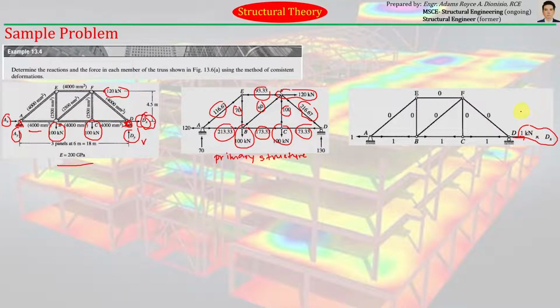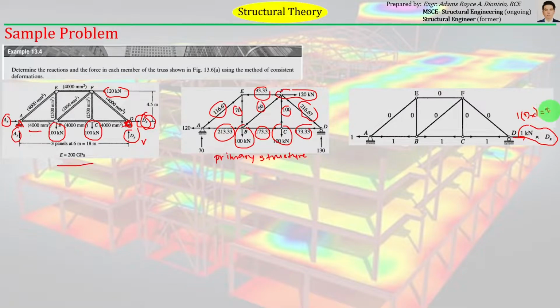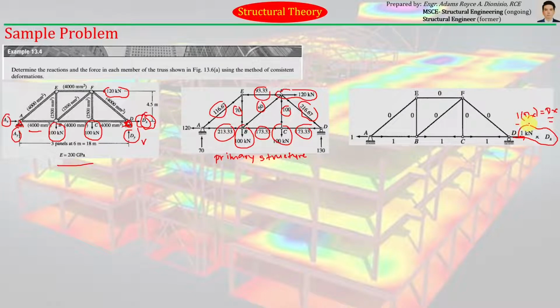Take note that 1 times Dx is obviously equal to Dx. We just chose to express Dx as a product of a unit load and a variable Dx, so that we can do numerical computations readily instead of dealing with a variable Dx. So this is our redundant.